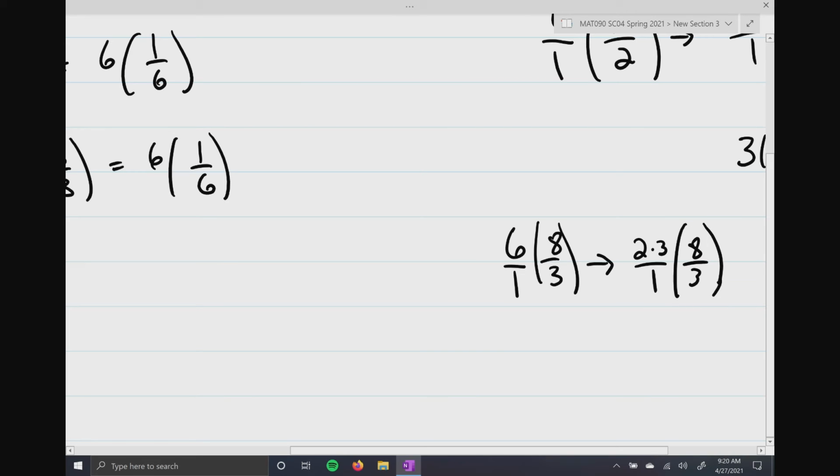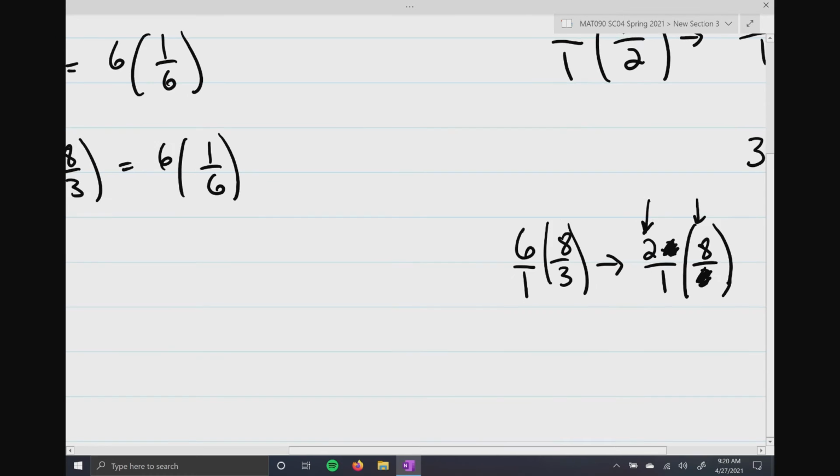And why did I choose to break down the 6 into 2 times 3? Can anybody tell me why? Other than Crystal this time. We can simplify the 3. You could simplify the 3's. Very good. And look what you're left over with: 2 times 8. So I'm gonna come back over to my problem.